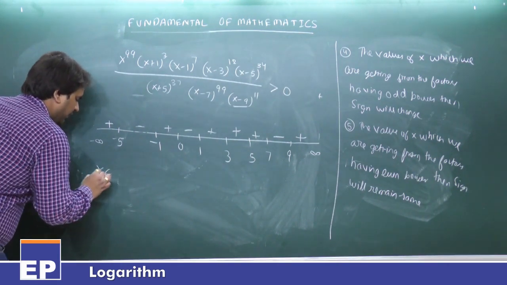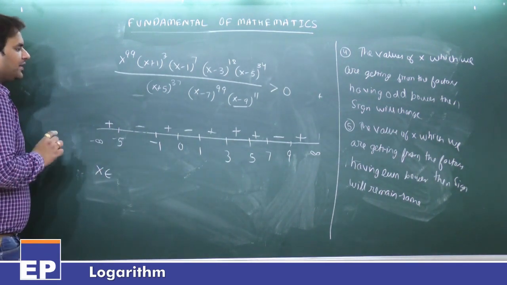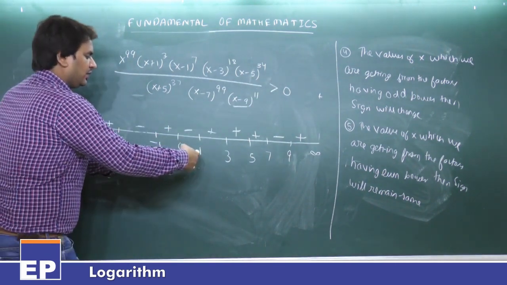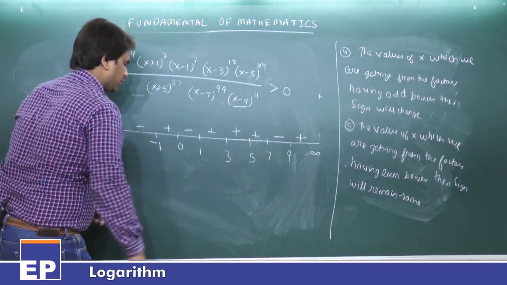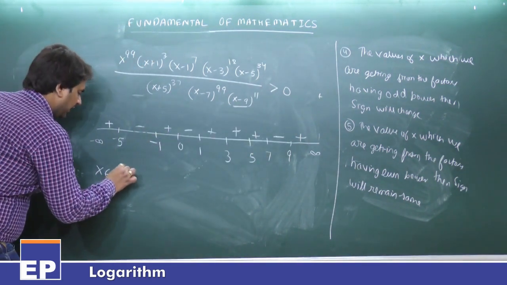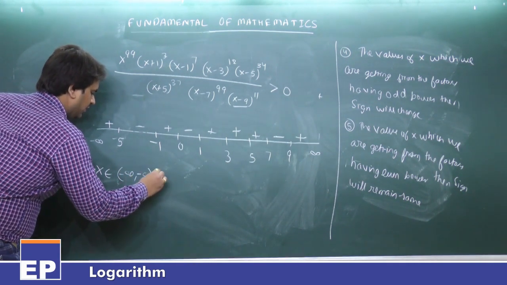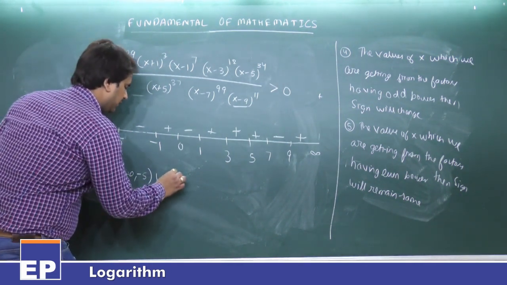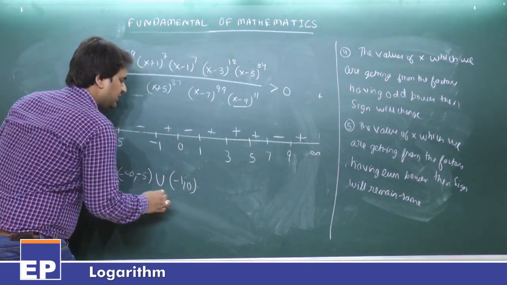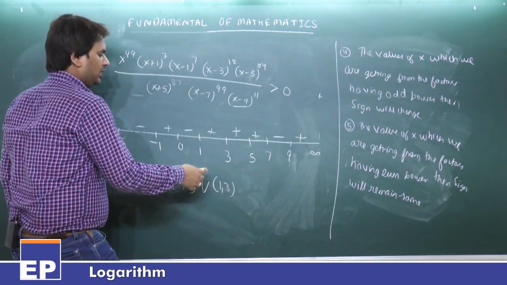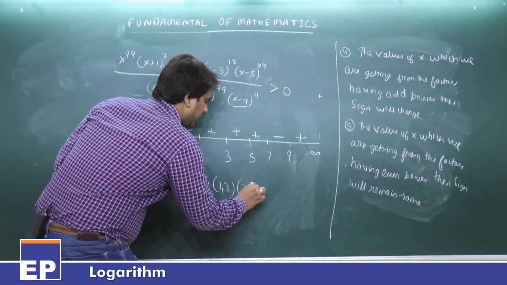So x belongs to, you have to write the answer. What will be the answer? You have to take the positive parts. Positive answer will be what? This one, this one, this one, this one, and the last one. Okay, what will be the answer? Answer will be minus infinity to minus 5 union, next answer will be minus 1 to 0 union, next answer will be 1 to 3, next will be 3 to 5.